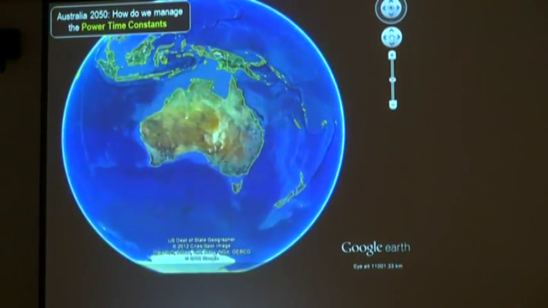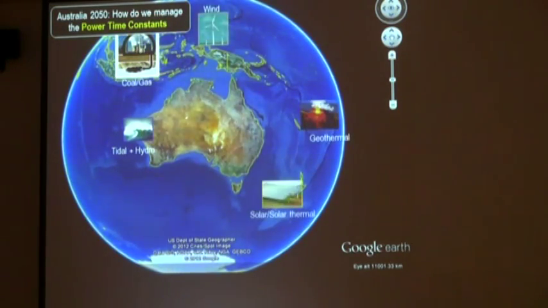So finally, what are we going to do with this, or where would this go in the near term? Well, Australia in 2050, hopefully, will not be producing as much carbon dioxide as it is now. And there'll be a constellation of different sources of power running our country.